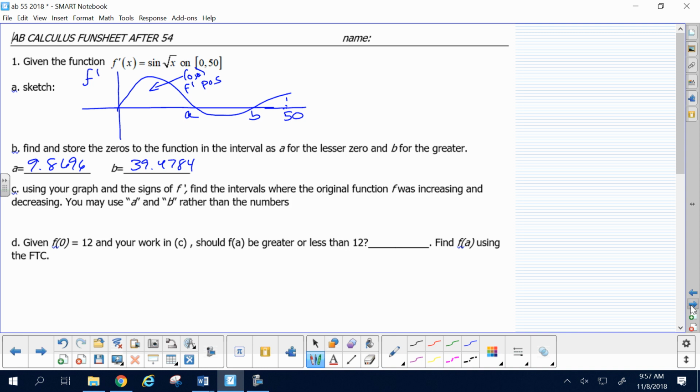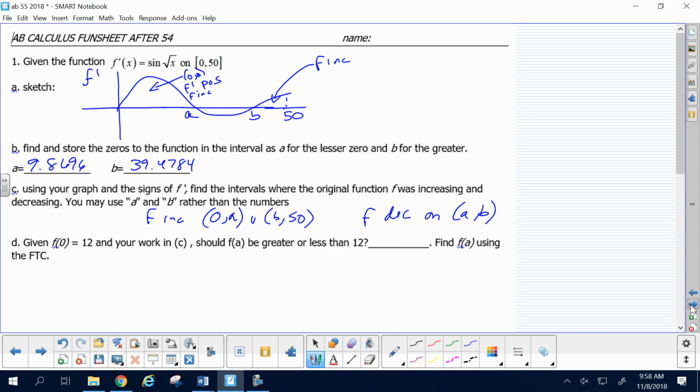And if F prime is positive, then F is increasing. So F is increasing on 0 to A, and also B to infinity, not so much for 50 yet. Okay? And F is decreasing on A to B, under the axis. Cool?